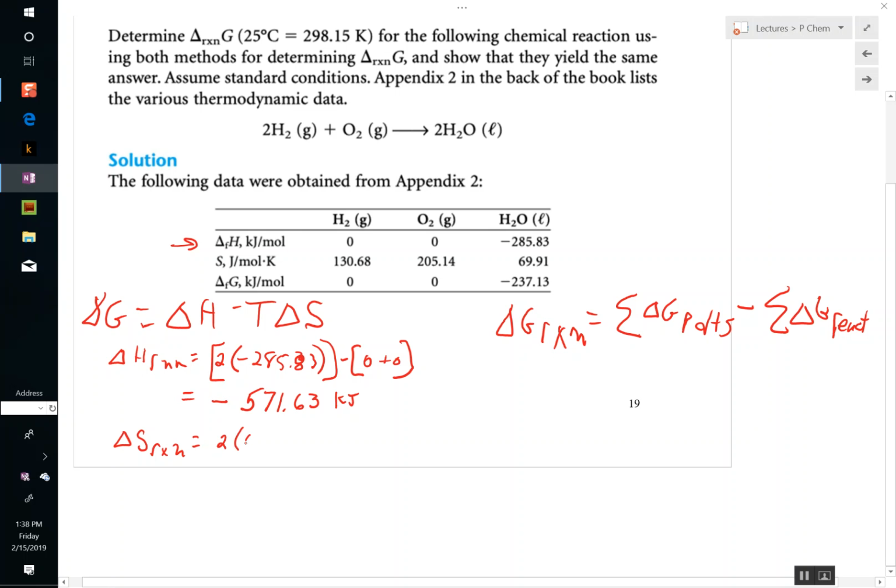So 2 times 69.91 minus 2 times 130 plus 1 times 205.